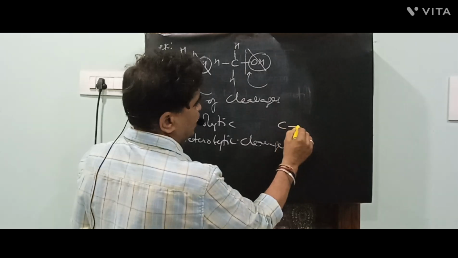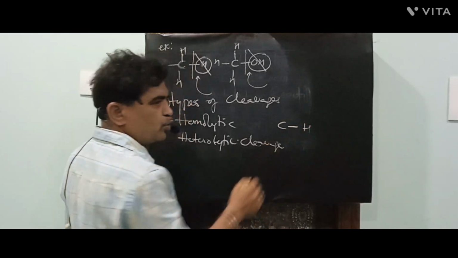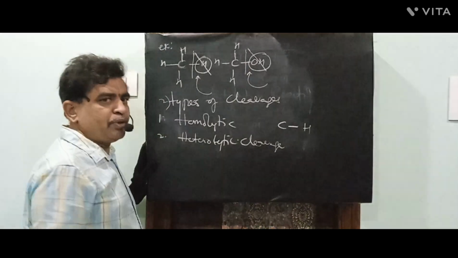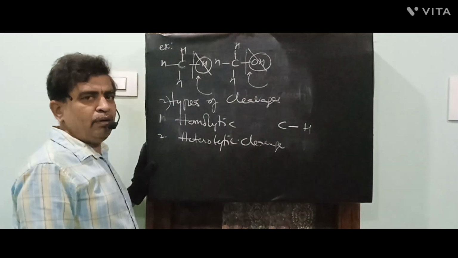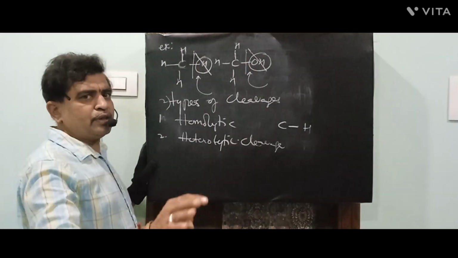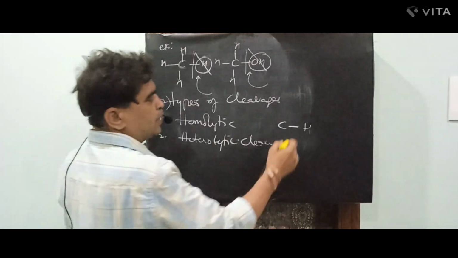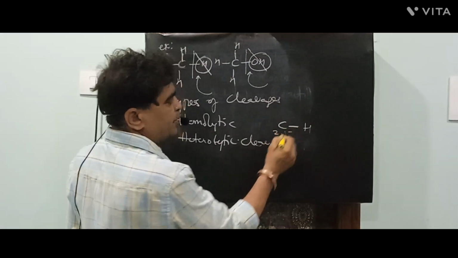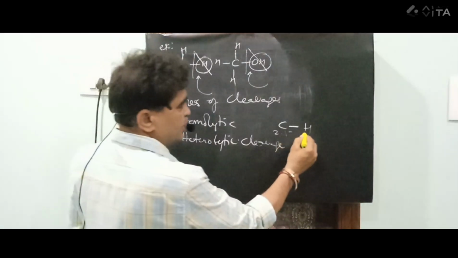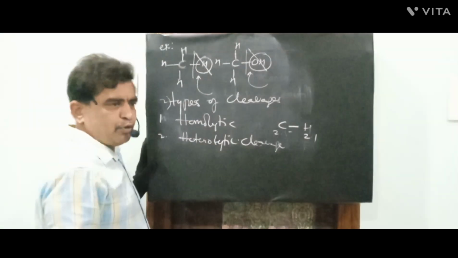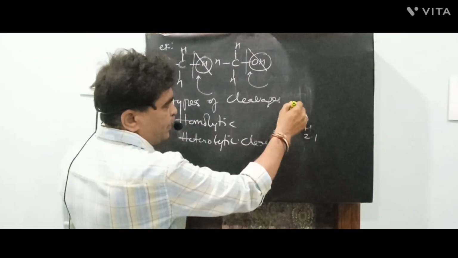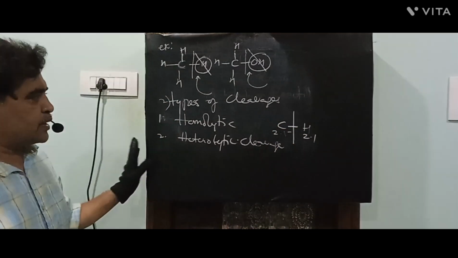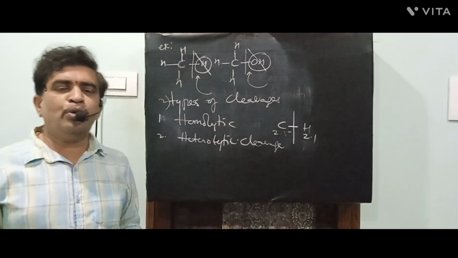So when you want to break the bond between carbon and hydrogen, or carbon and a group, it depends on the electronegativity difference between the 2 atoms, whether it is equal or 0. For example, the carbon electronegativity is 2.5 and the hydrogen electronegativity is 2.1. How is the bond broken?